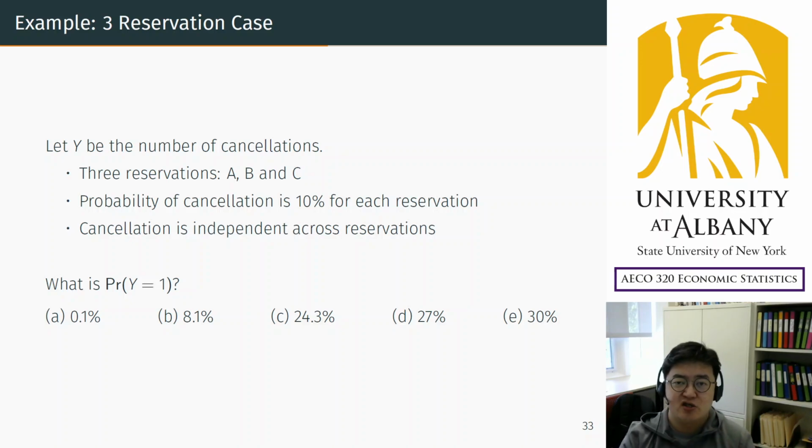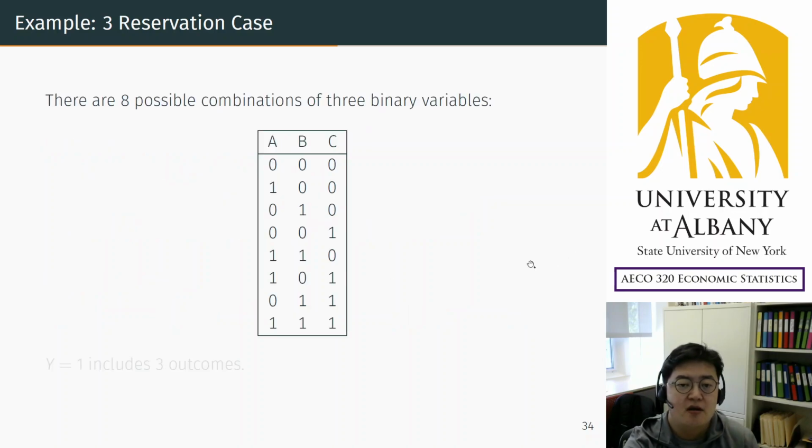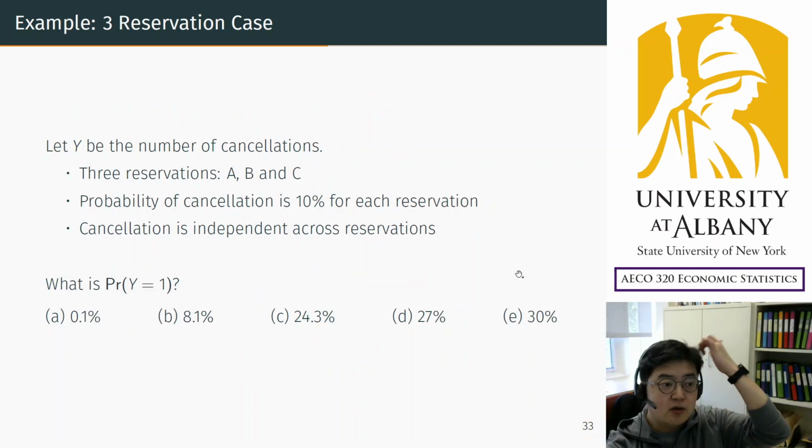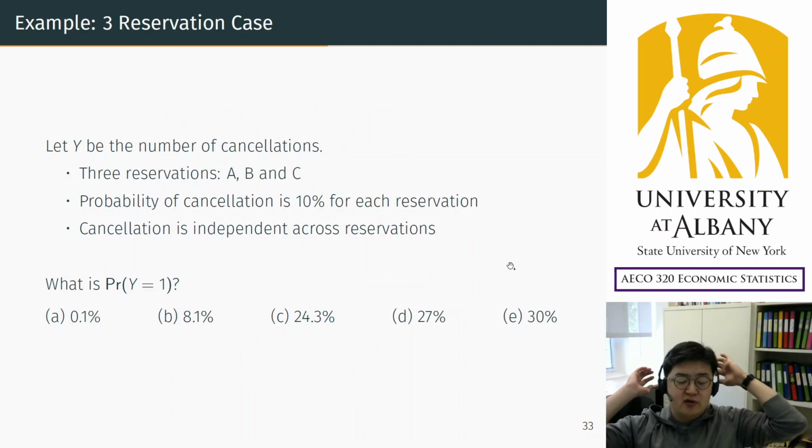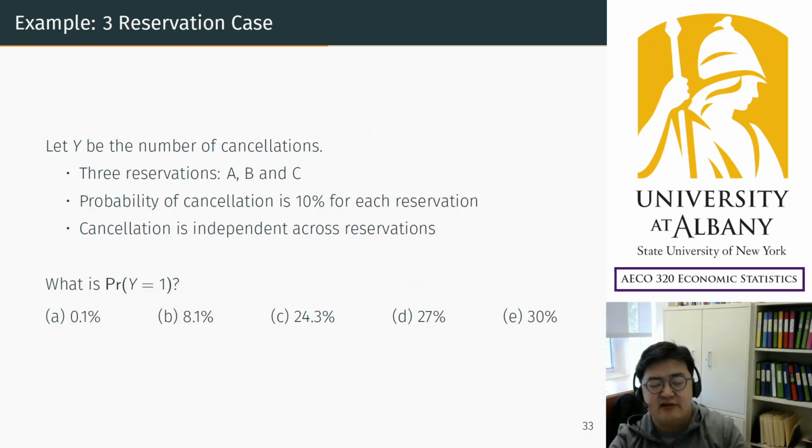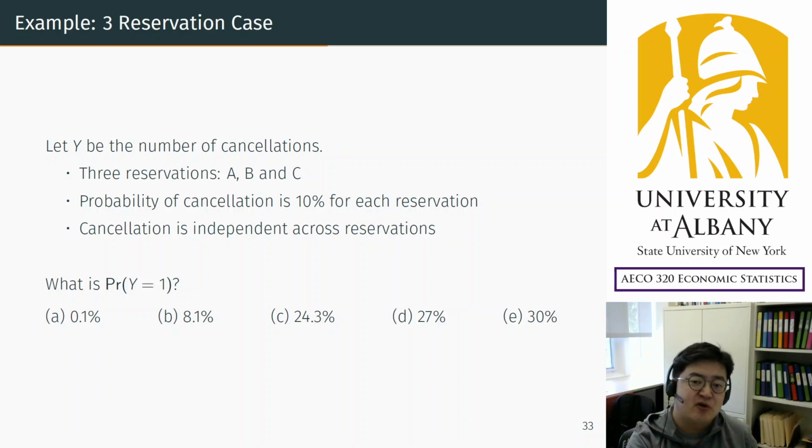Okay, in this situation, we are interested in the probability that only one of them cancels, right? This is the binomial distribution. So let's think about how we handle this probability. It is not that difficult to study this situation because there are only two possible outcomes for each reservation.